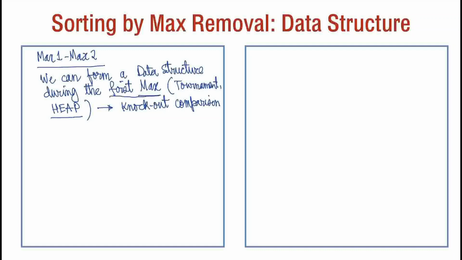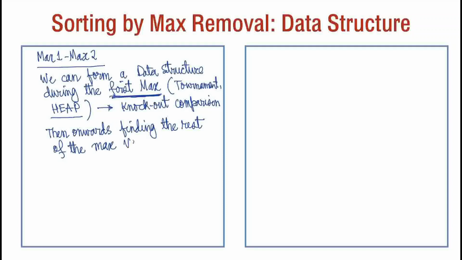So during the first max we do it differently, and then onwards finding the rest of the max values is made much easier, and is done on the heap or tournament data structure.